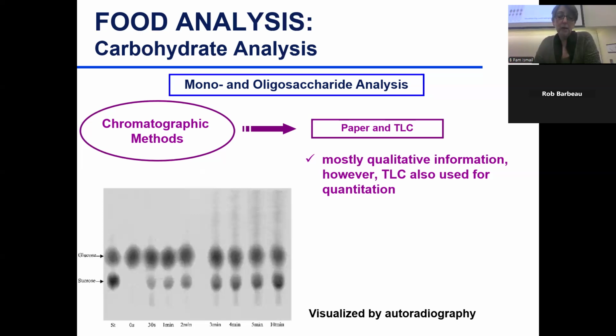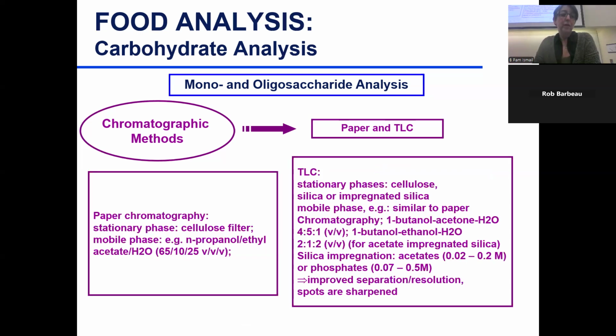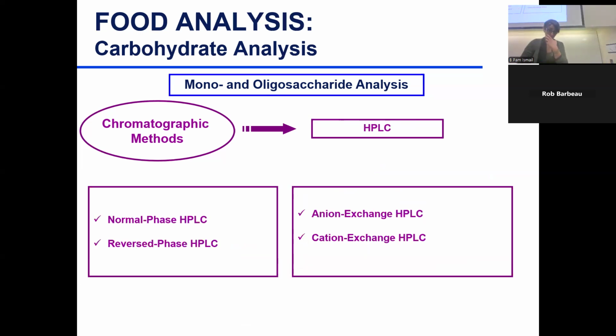But mostly it is qualitative. And these are FYI, you don't have to remember much here. It's just giving you an example of what would be the stationary phase and the mobile phase in paper and thin layer. I'm going to spend a little bit more time talking about HPLC applications.